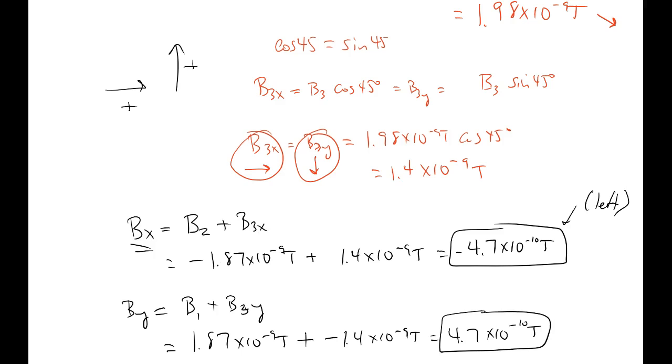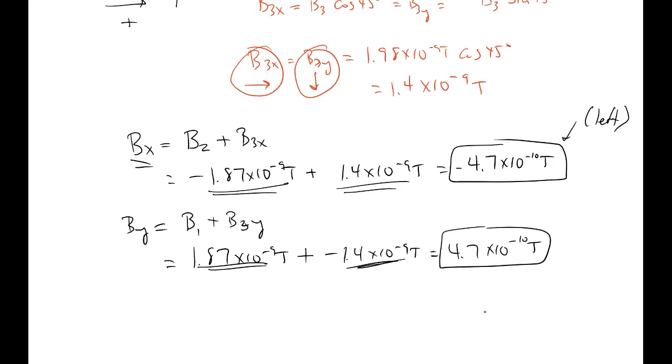I didn't really have to do that because that value and that value are the same numerically. One's just negative, one's positive. So what this means is that it points 4.7 times 10 to the negative 10th up and 4.7 times 10 to the negative 10th that way, which is really cool because if that side and that side are the same, then you know right now that angle's 45 degrees.